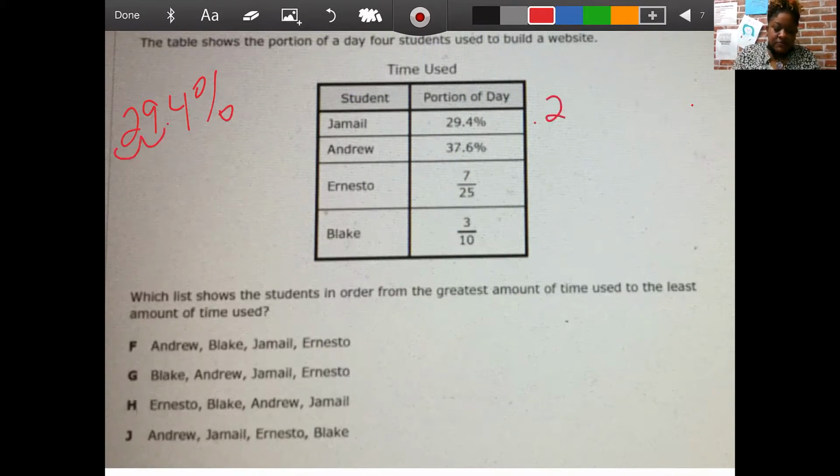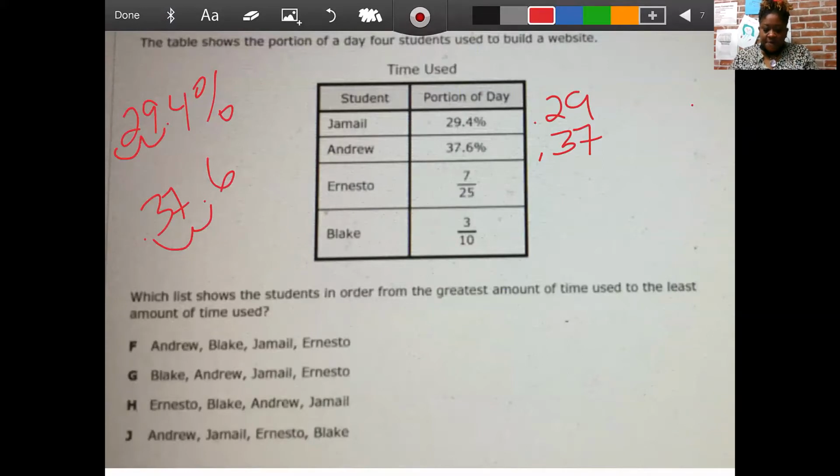So you get 29 cents. 37.6, you get 37 cents. 7/25, I would scale the denominator to 100, and I would get 28 hundredths, and the way I would write that is 28 cents. And 3/10, I would write it how it sounds, 3/10, which is 30 cents. And now you can compare the cents to get your answer, okay? Please get this. I really need y'all to understand this.